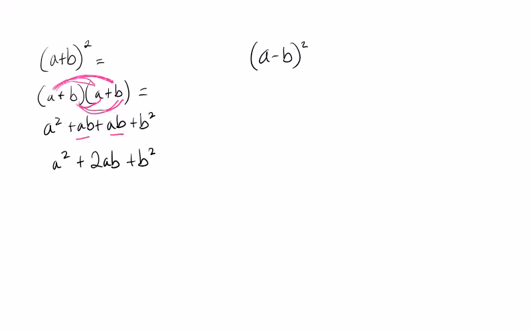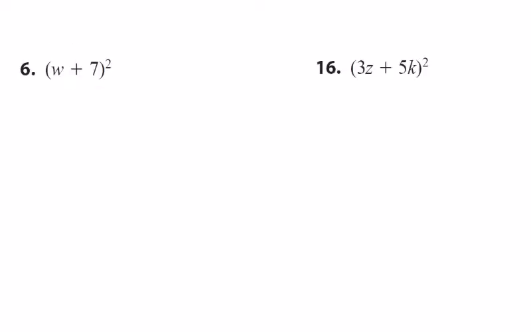So whatever the product of outer times outer and inner times inner, that will always be the same, right? Because this is the same as this, and this is the same as this, right? Okay, so when you get those two ABs, you just double it, okay? So this is going to be a shortcut that we can use for other problems, okay?